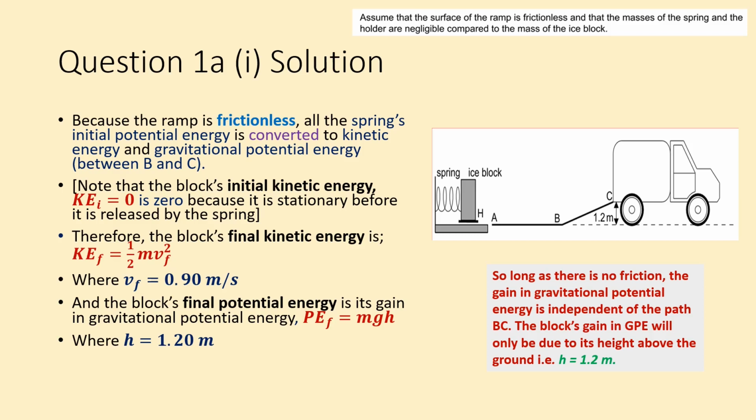That might seem a little bit counterintuitive, but perhaps an example would be a roller coaster that is stationary above the ground somewhere, and then it is released and it goes down a track that is completely frictionless.